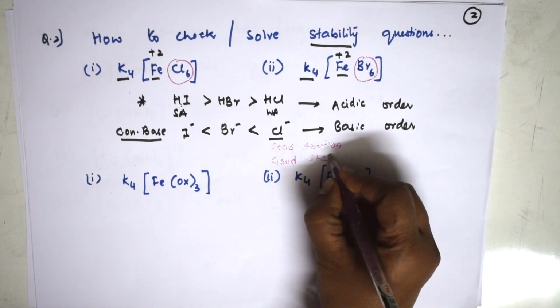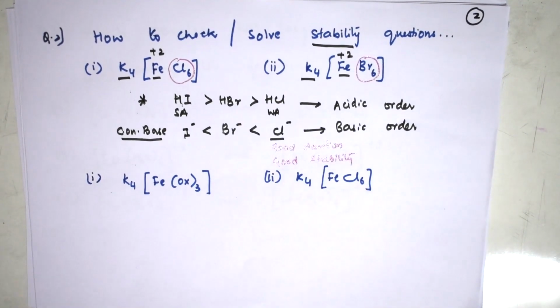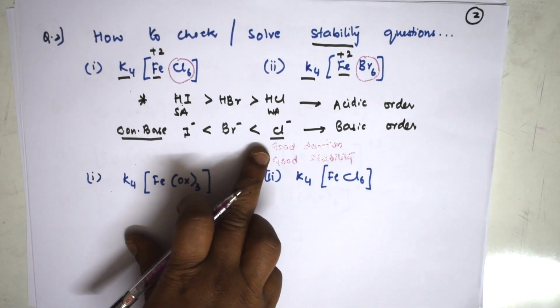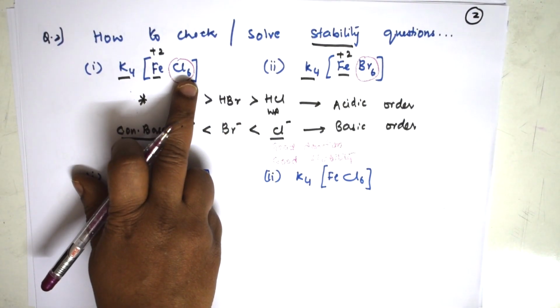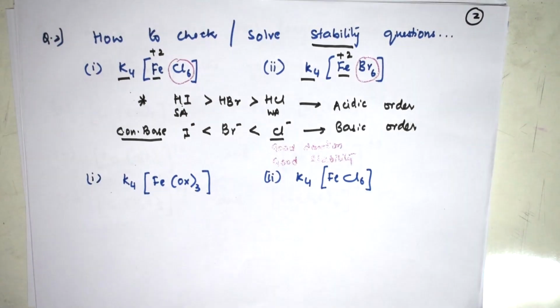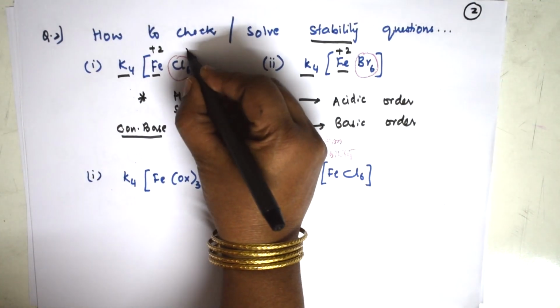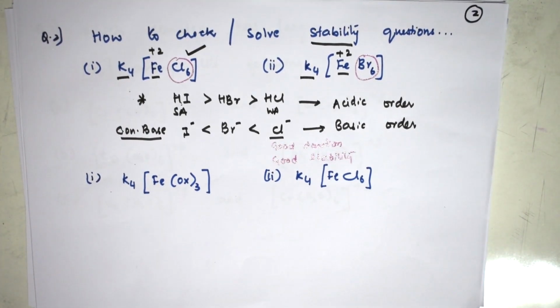Remember that, good stability. Conjugate base part. So where is chlorine? Now chlorine is here. So here among these two, which has more stability? This part. This is clear, students? Yes.